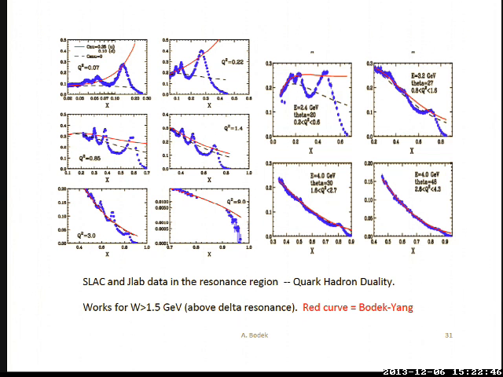We have looked at Q squared greater than 1.5, at R for nuclear targets in the resonance region, and compared with deuterium. And we find that R for nuclear targets is about 0.03 to 0.04 smaller than R for deuterium. This may have something to do with the fact that the quarks leak out, and maybe the transverse momentum. We don't know, but we are working on it. So far, we found nothing wrong.